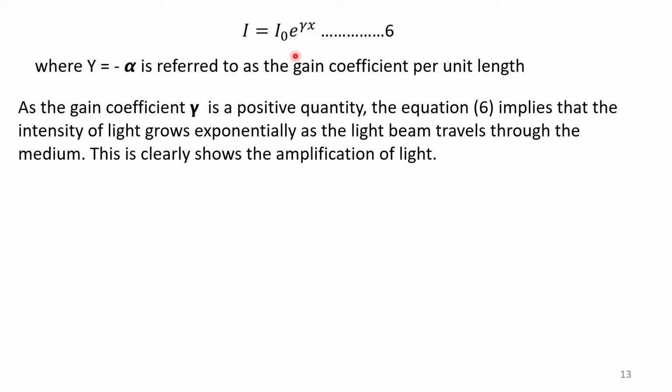So I is equal to I0 into e raised to gamma x indicates that the intensity of the radiation passing through any material goes on increasing here. And this clearly shows that there is amplification of the light here.